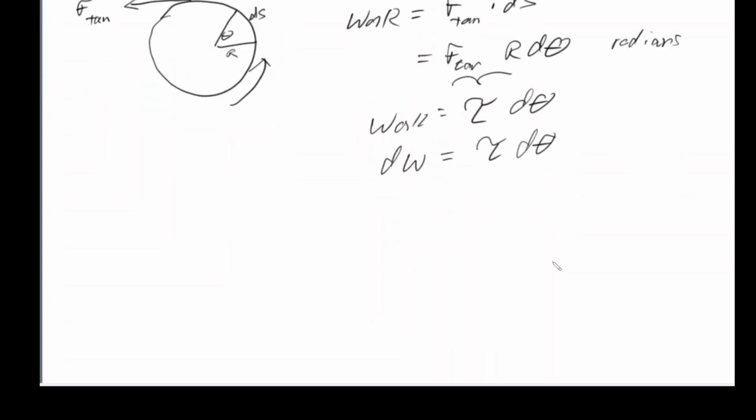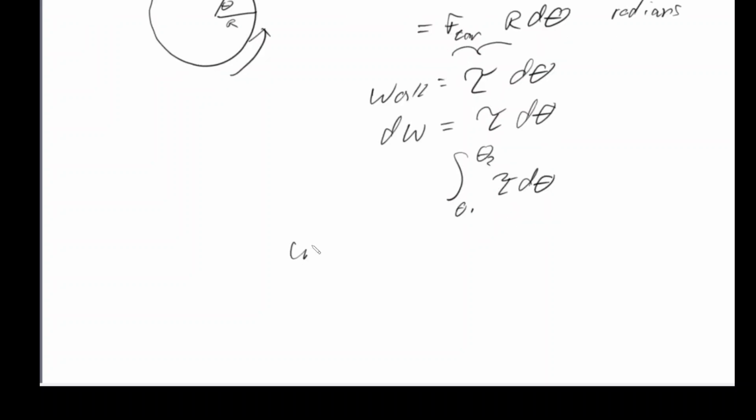So if we integrate that from theta 1 to theta 2, and the torque is constant, so that can come out, we end up with work is equal to torque times delta theta. And the units of work is joules or newton meter radians.